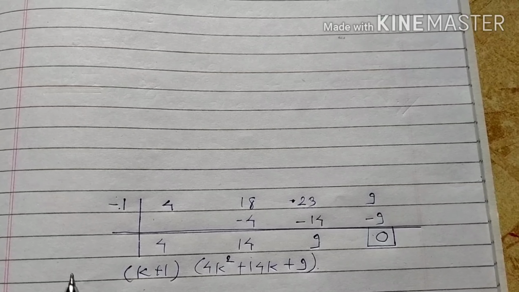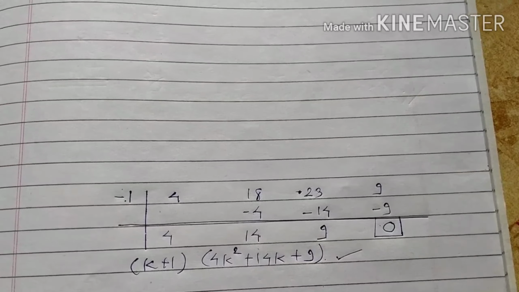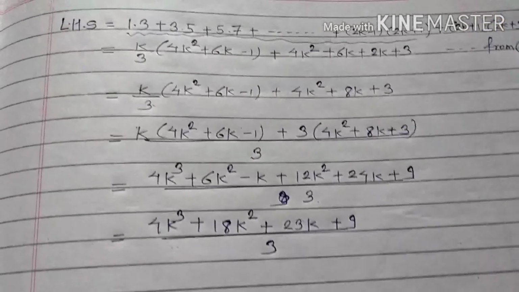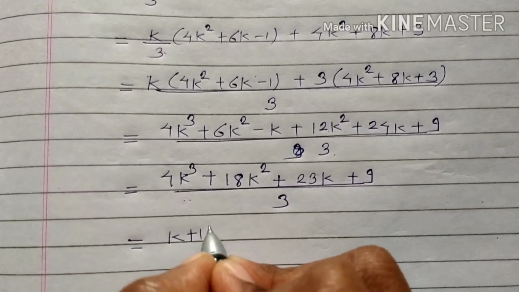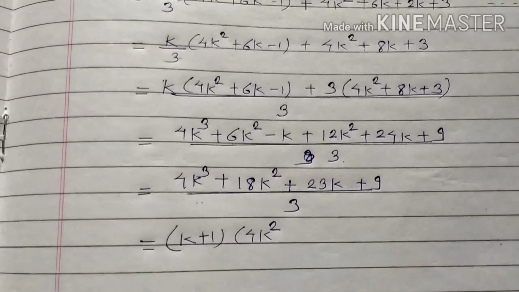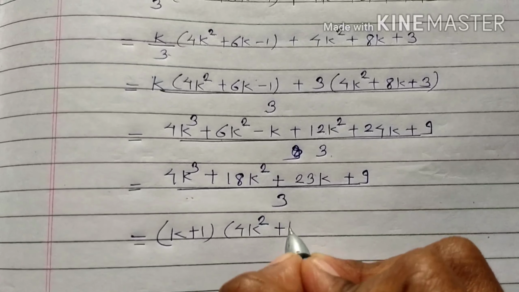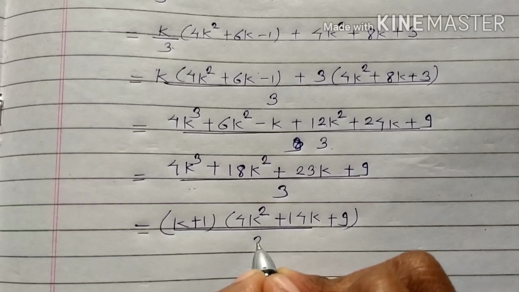So use that factor. There is no need to show this synthetic division. You can directly write that factor. So take this factor here. It is like that, k plus 1, 4k square plus 14k plus 9 upon 3.